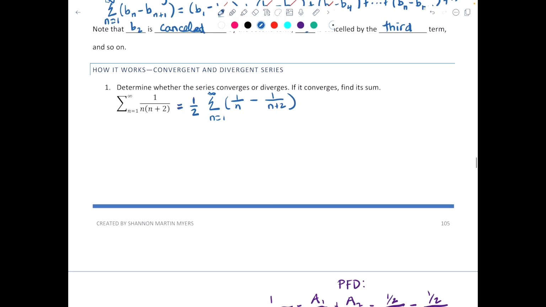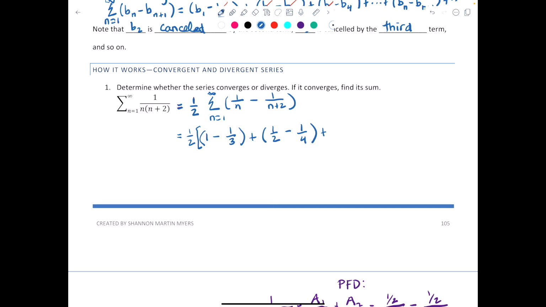Now let's go ahead and find some of those terms. So this will be equal to 1/2. When n is 1, I'll get 1 over 1 is 1 minus 1 over 1 plus 2, which is 1/3. And then if I plug in 2 for n, I'll get 1/2 minus 1/4.